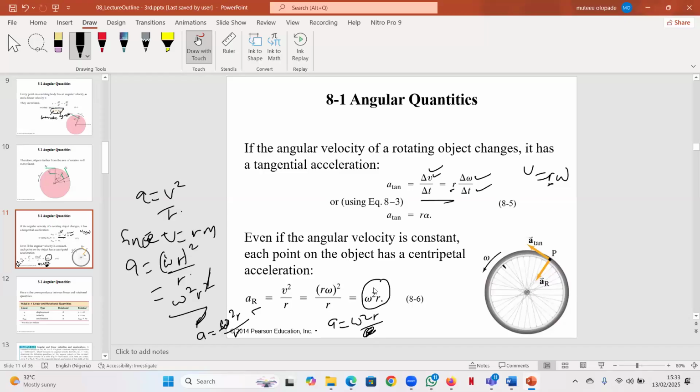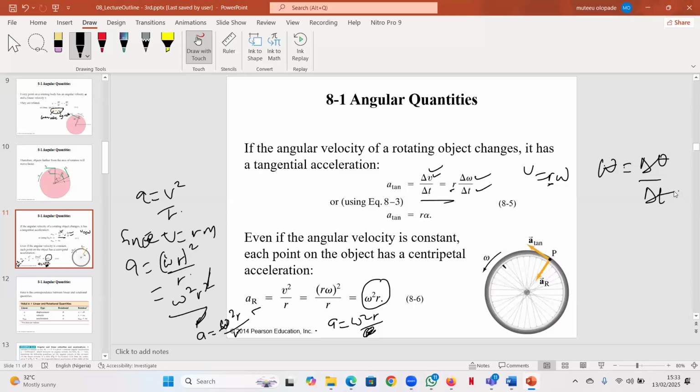So I hope it is clear. Sorry, please, can you go over it again? This page. Now, I said earlier that angular velocity, which is omega, gives us the displacement in the angle divided by time.